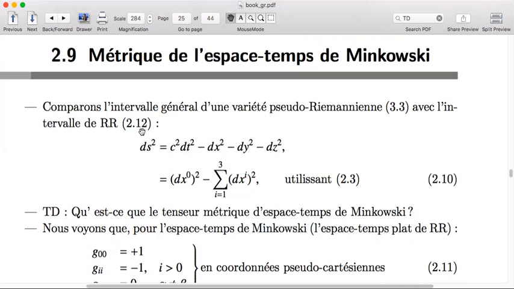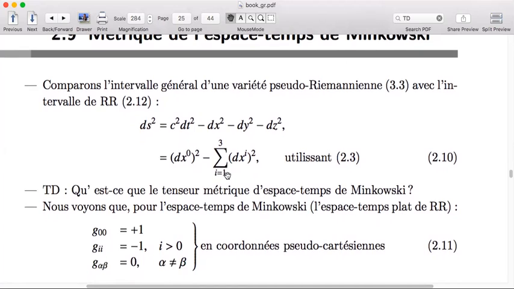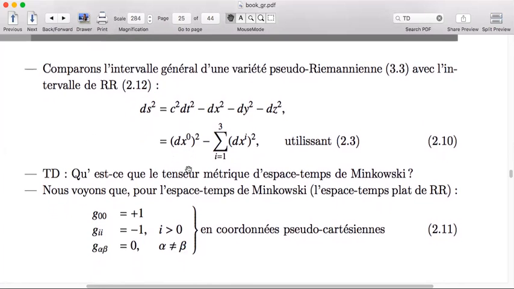Then the interval is still a quadratic form, but it can be written in the familiar form from special relativity, with separate sums for the spatial part and the time-like part.